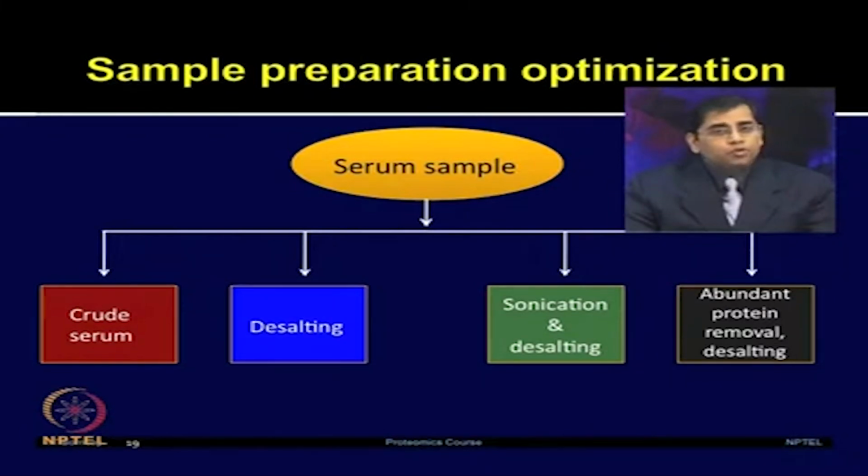But serum contains a lot of salt, so isoelectric focusing itself becomes challenging if you have crude serum. So, we also tried removing the salt component, and after desalting doing the IEF.